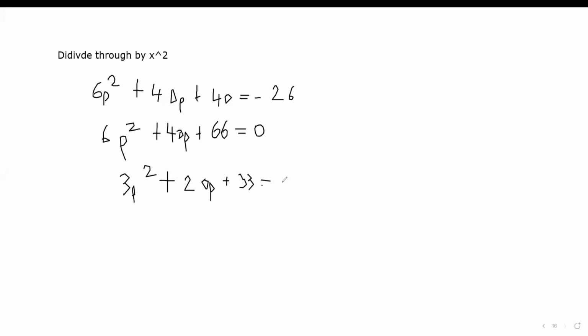That equals 0. Now, can we factorize it? I have no idea, so I'm going to go straight to my calculator. 3p squared plus 20p plus 33.